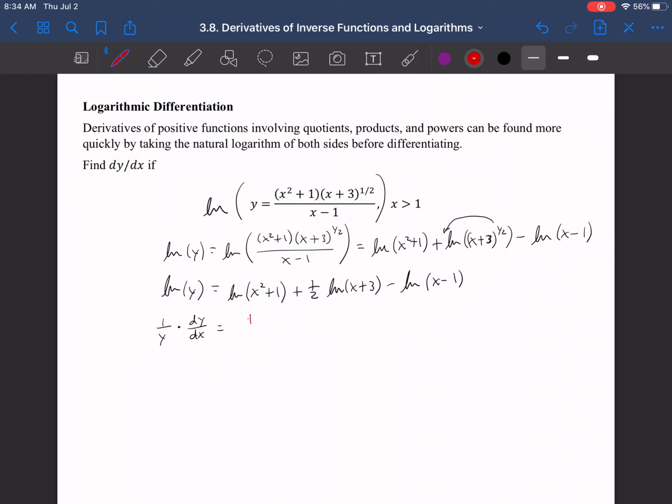This is going to be 1 over x squared plus 1 times the derivative of what's on the inside, that's a 2x, and the derivative of 1 is 0, and then times the dx, which is just going to be 1. Whether or not you write the dx part is up to you.